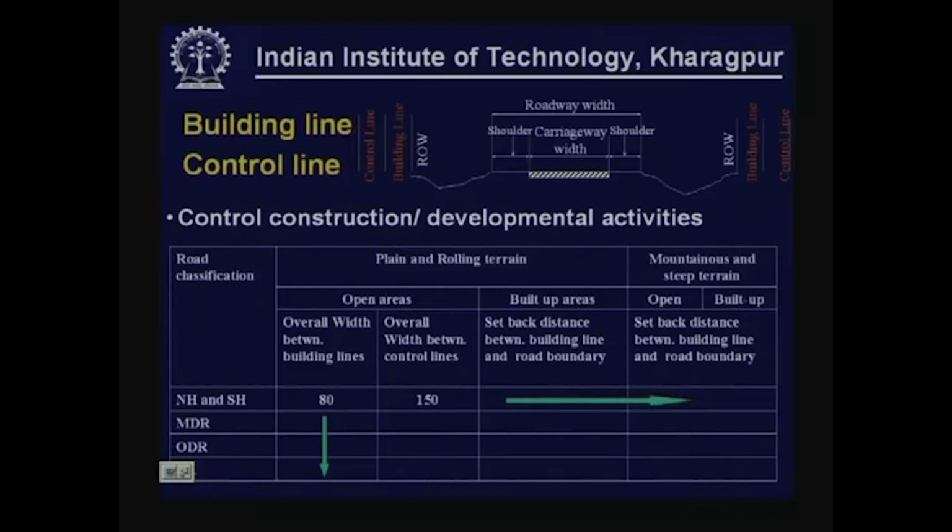Up to building line, no building construction activity is allowed. Road land is acquired up to right of way, but beyond right of way up to the building line, no building construction activity is allowed.